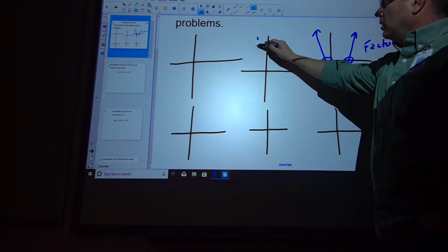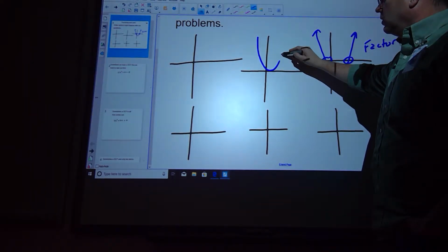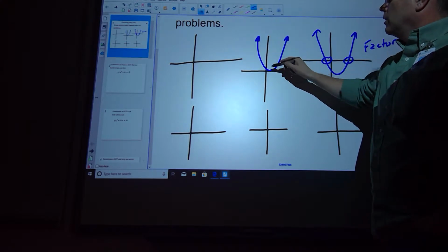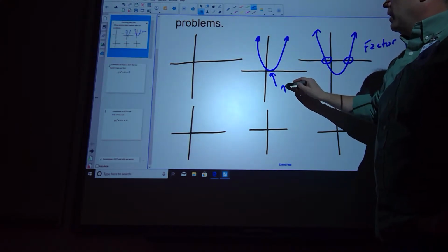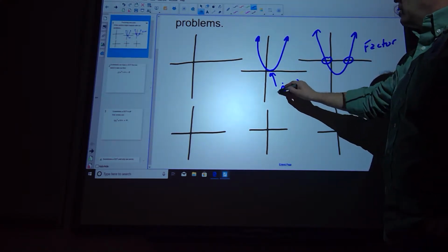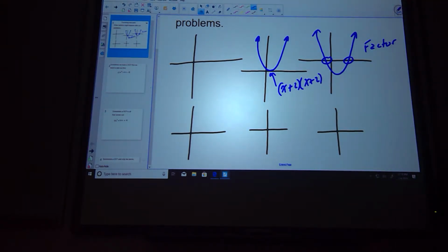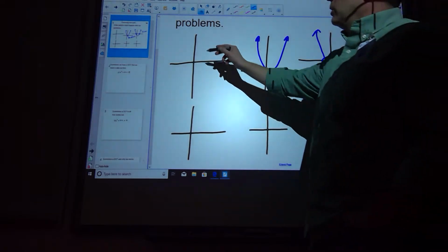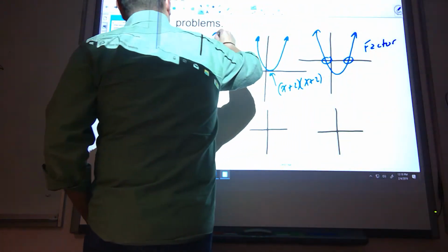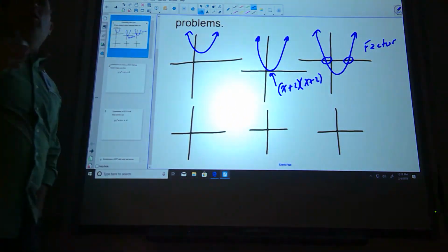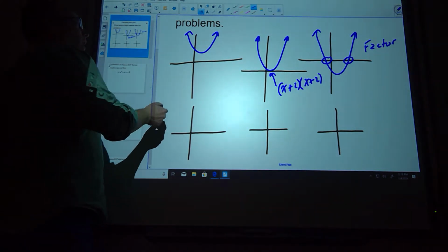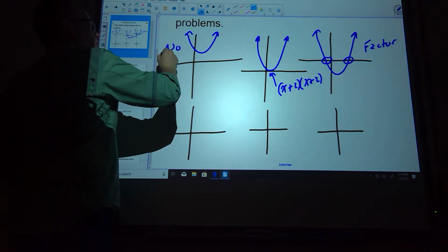But sometimes you might get one that comes down and kisses it once. If factored, you get the exact same number twice. It's called the double root. And then sometimes it won't factor because it's not crossing the x-axis. So this has no real solutions.